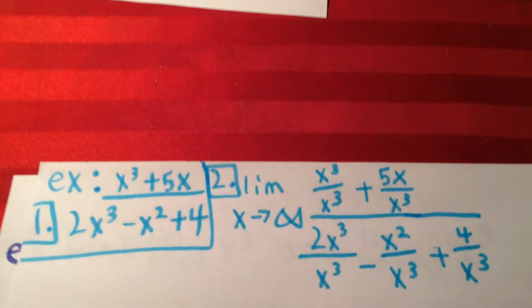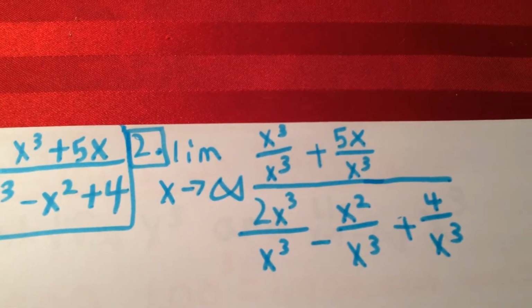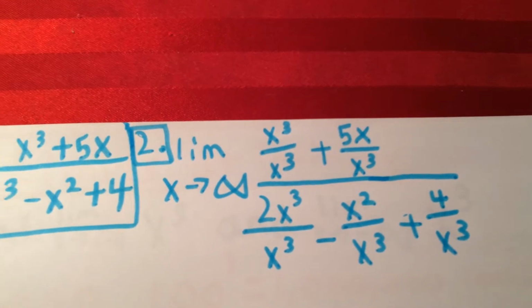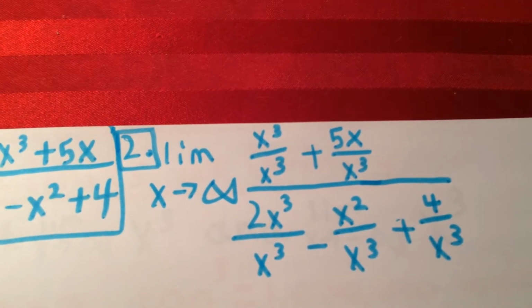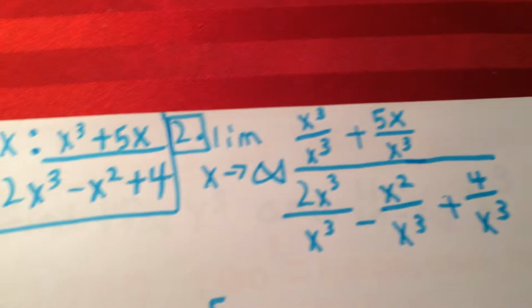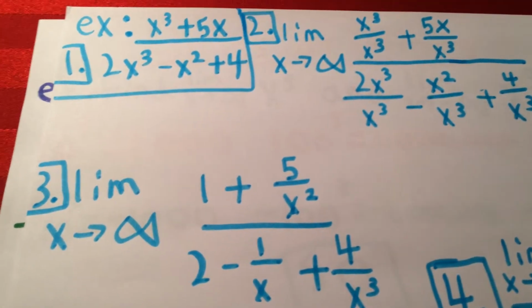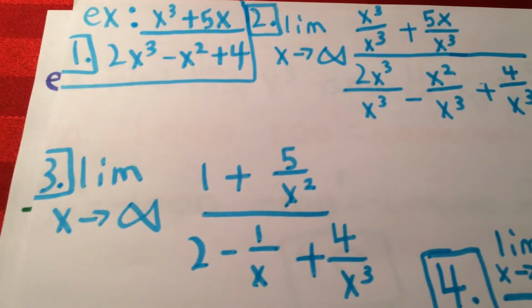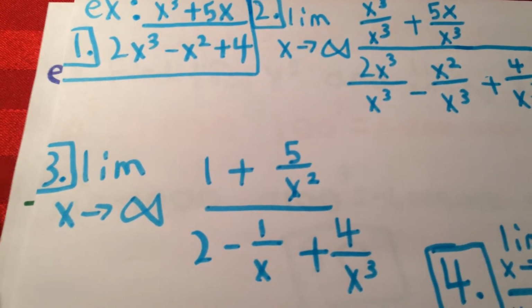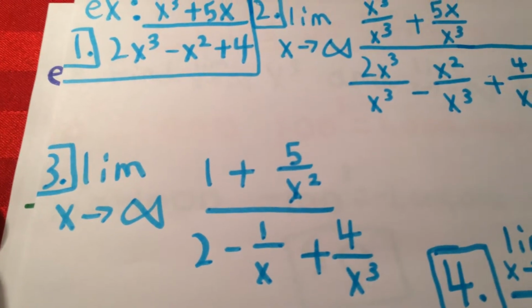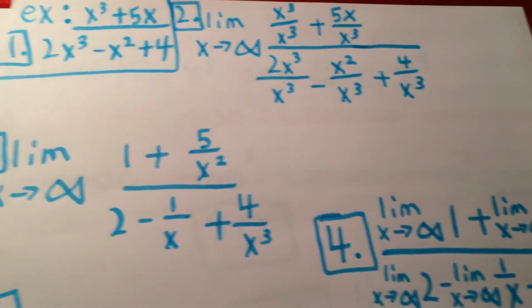So, as you can see, it's x cubed, and you divide each value by x cubed. Then you have to simplify. That simplifies to 1 plus 5 over x squared, over 2 minus 1 over x plus 4 over x cubed. And then, using the limit laws, you can distribute the limit to each value.